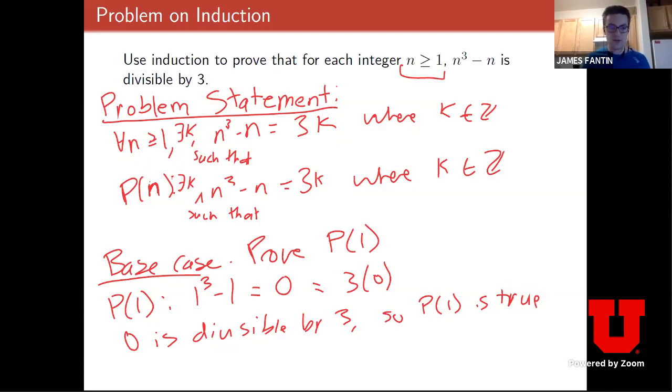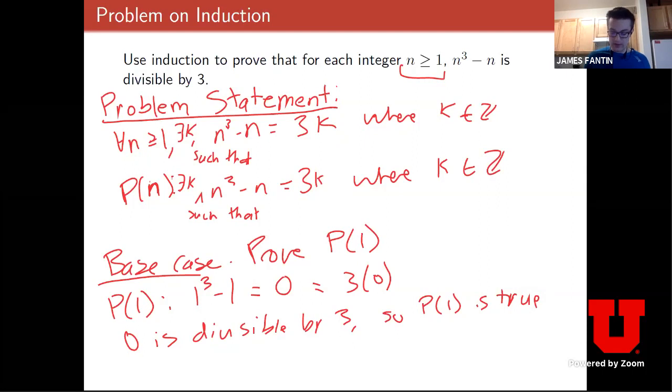Any questions so far with our start with induction? Why is k equal to 0? We're just looking for some k, because we want to show that P of 1 is true, right? So we want to show that we can rewrite that 1 cubed minus 1 is divisible by 3.